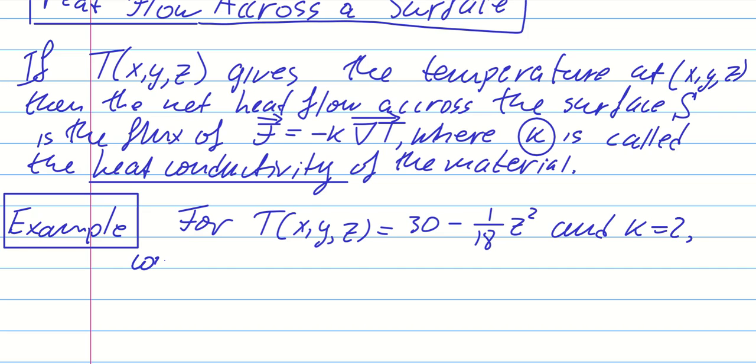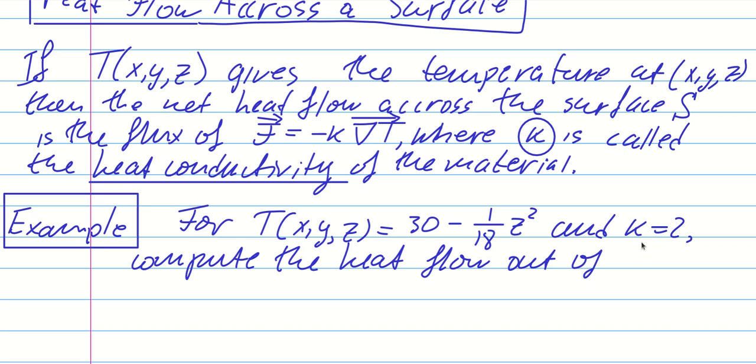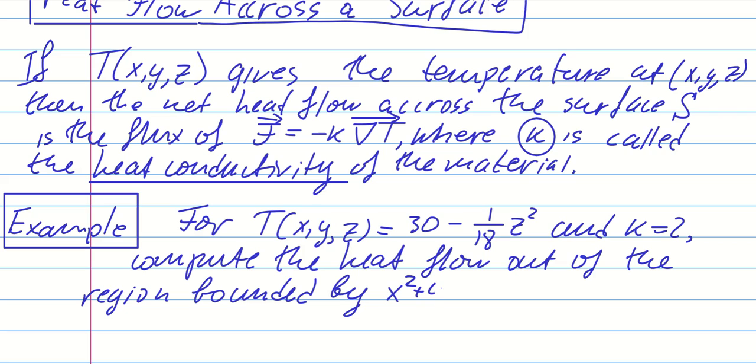We need to compute the heat flow out of the region bounded by x squared plus y squared plus z squared equals 9. So it's a sphere with radius 3.